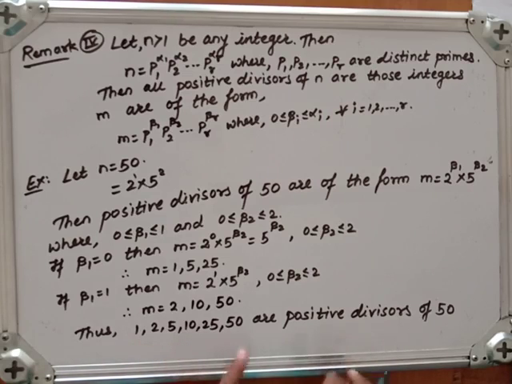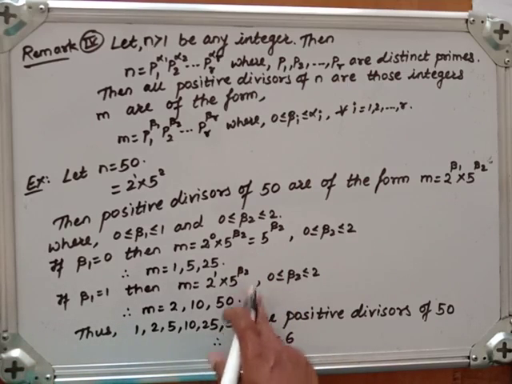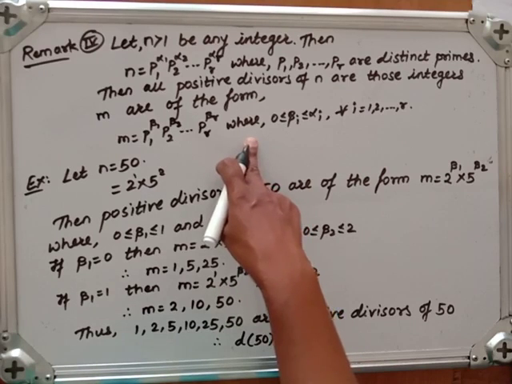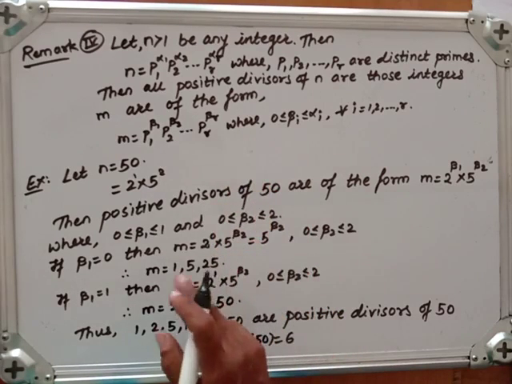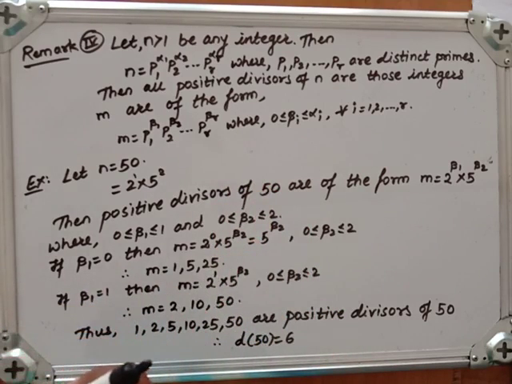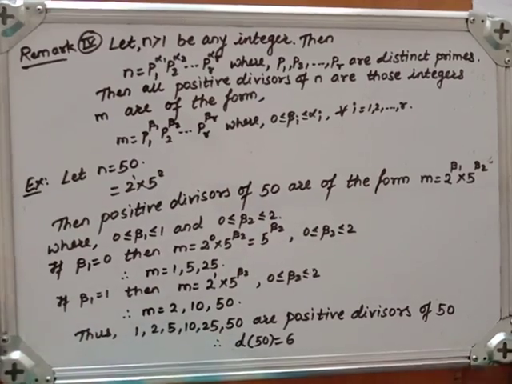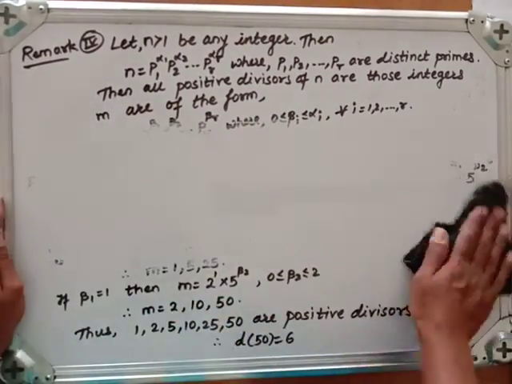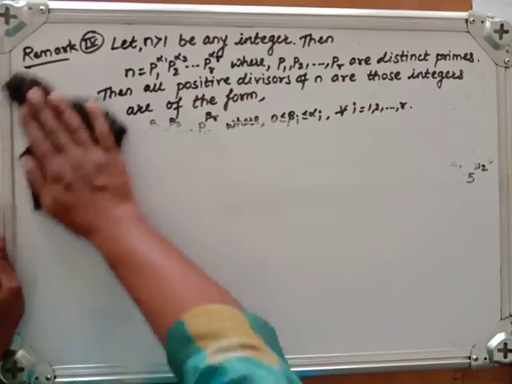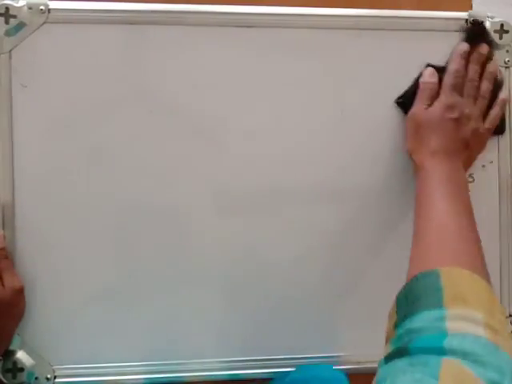Here they are 6, so d of 50 is 6. Then sigma of 50 will depend on the same. That's why this remark is useful. Let me take one more example of that kind, for a slightly larger number, so that it will be clear to you.